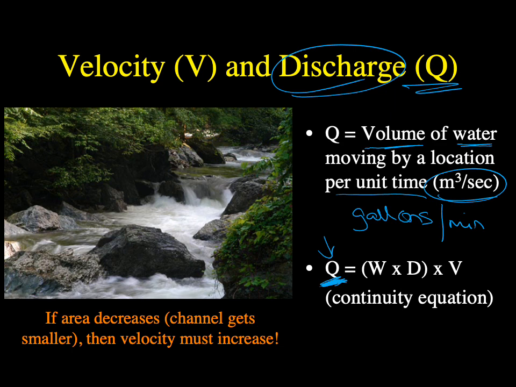Discharge is equal to, and especially when we're talking about rivers, the width of the river, the depth of the river, and V here is the velocity, okay, how fast it's moving. You have actually manipulated this equation, and you don't even know it, if you've ever taken a hose from your house. You attach it to the spigot, you turn the spigot on, and the water is now flowing out of the hose.